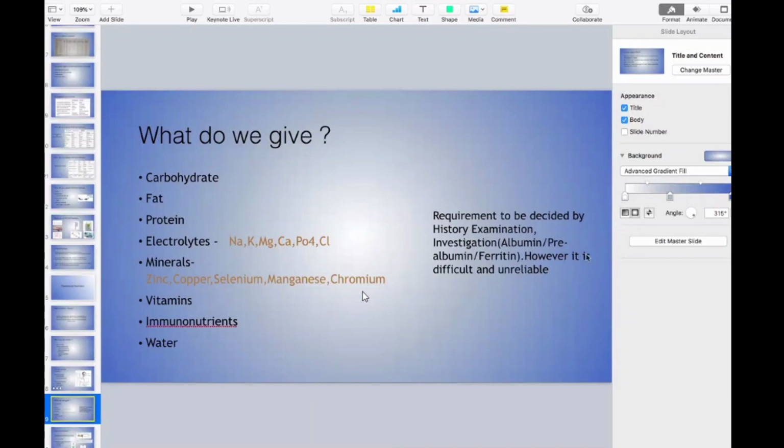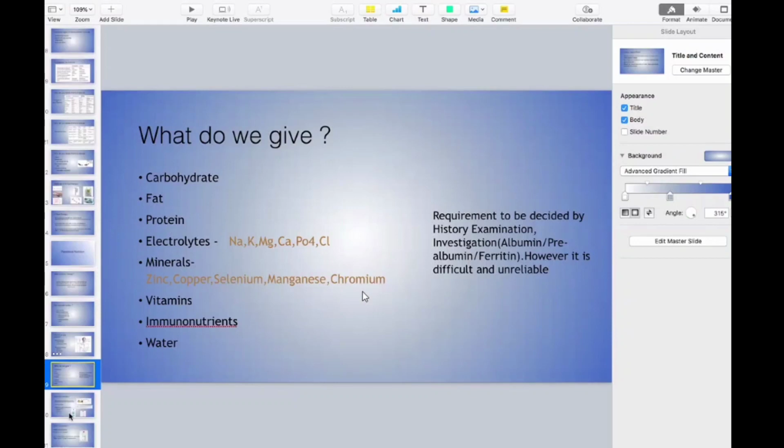They will not tell you whether this patient's nutrition state is adequate or not. A normal albumin doesn't mean the patient's nutrition is adequate, and a very low albumin doesn't mean it is inadequate. You have to combine your history, examination, and all the tests and decide the nutritional state of this patient.